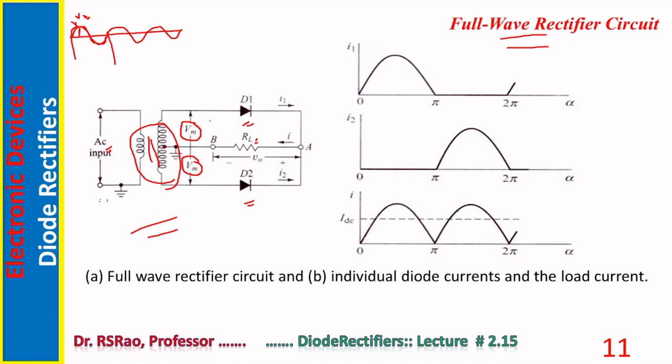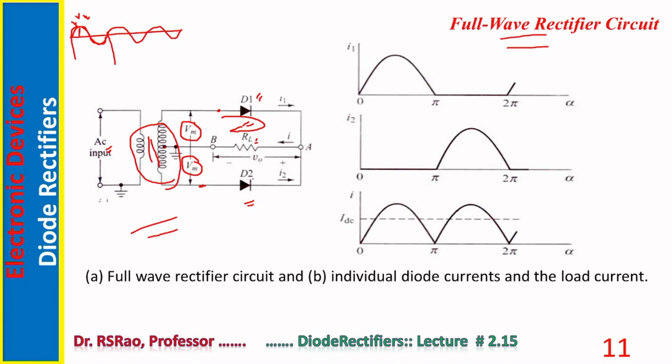In the upper half, D1 anode is positive when compared to its cathode. Therefore, D1 starts conducting, so current flows like this through the load. During this same positive half cycle, notice in the lower half of the transformer secondary, D2's anode is negative.